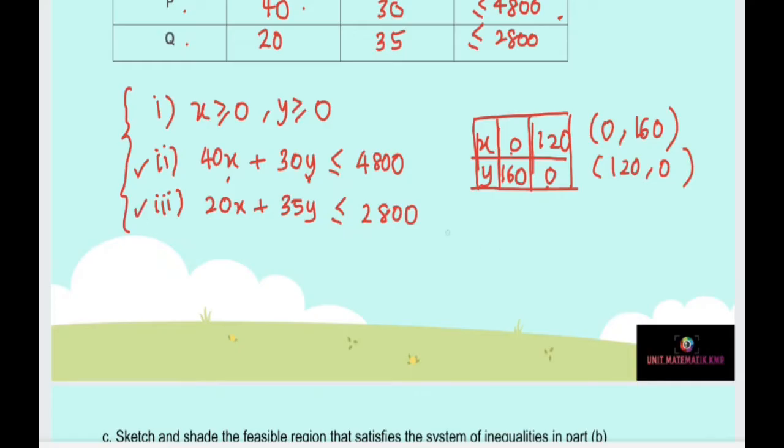For the third inequality, same as above. So make the table and then substitute x equals 0 and y equals 0 into this inequality. When x equals 0, you just take 2800 divided by 35, so you will get 80.